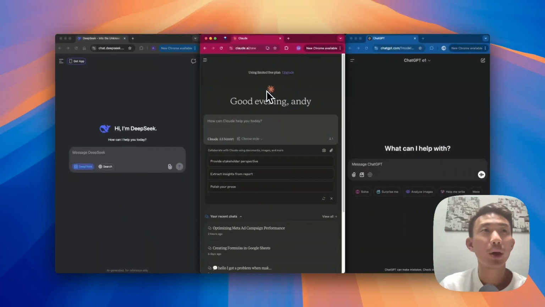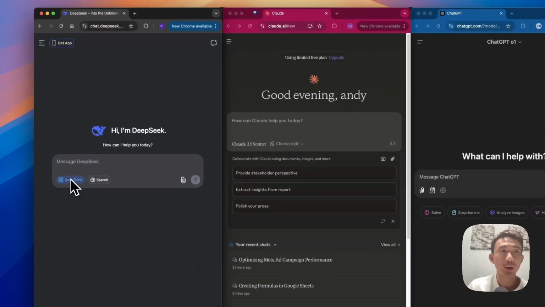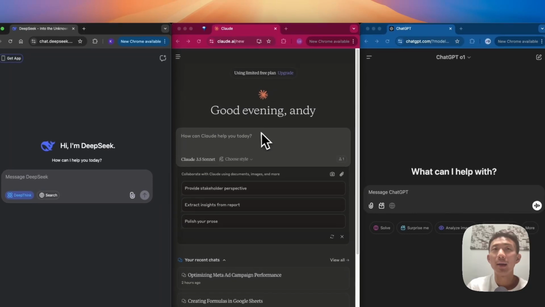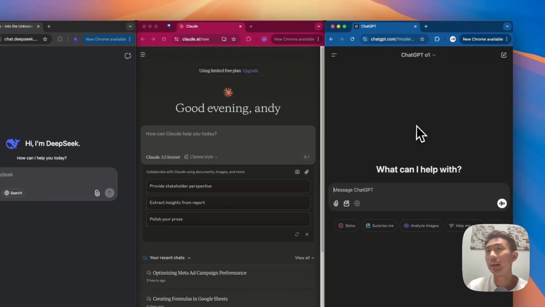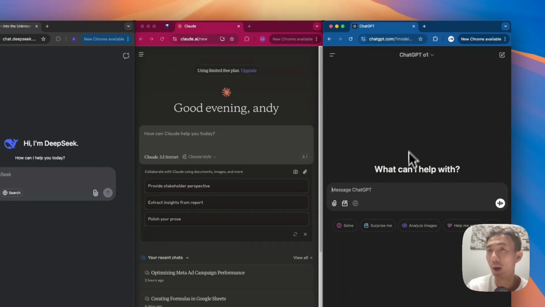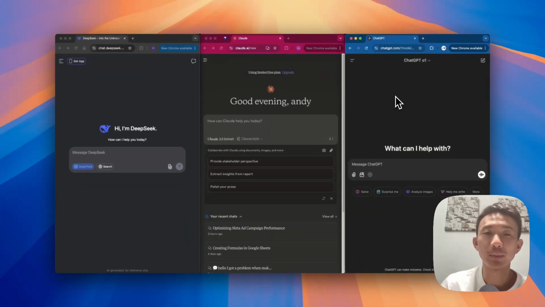For the demo, we are going to compare the DeepSeek-R1 model, so we have to turn on DeepThink. We are going to use our model for reasoning problems, and we're going to use Claude 3.5 Sonnet and GPT-o1 model for the comparison.